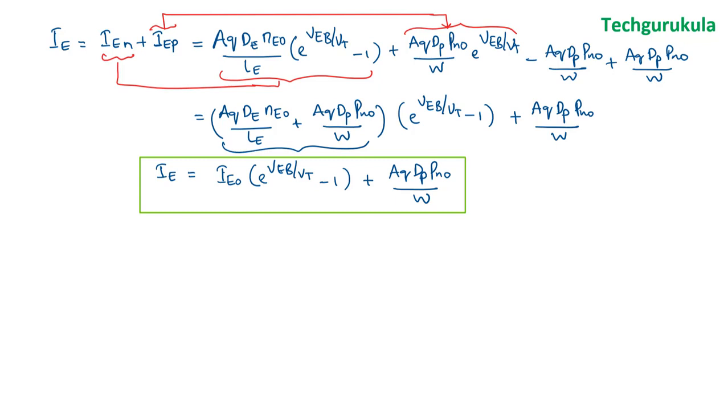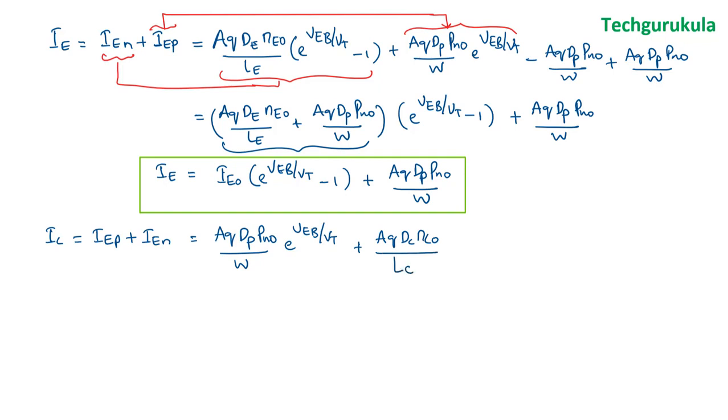Coming to the second equation, which is IC is equal to IEP plus IEN, which is equal to AQDP Pn0 over W times e power VEB over VT plus AQDC NC0 over LC.